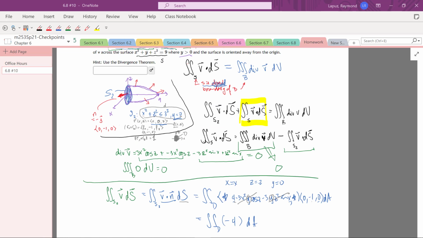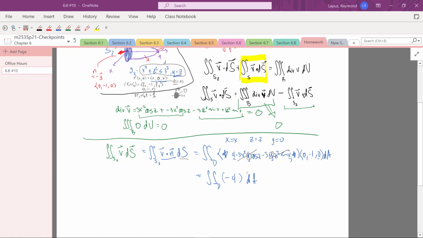And now we're going to use some more information. If you remember back from chapter 5 with double integrals, we have -4 times the double integral of 1 times dA, and this is just equal to the area of D. What is D?